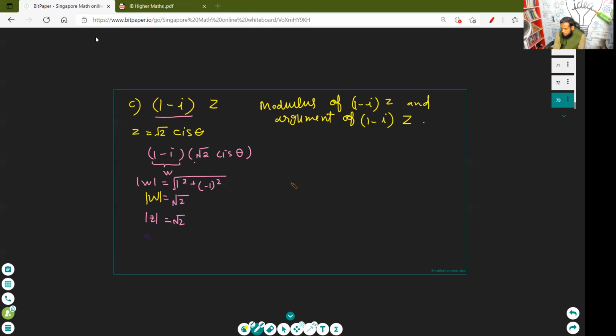So the modulus. You can directly write the bar, okay? There is no need to write 1 minus iota, write bar lines. This shows the modulus, okay? What is the value? Root of 2 times root of 2, which is 2.